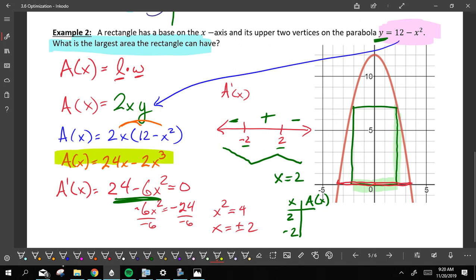If I take 2 and I plug it in here, I get 48 minus 16. I get 32. If I plugged in negative 2, I would get negative 32. It's just because you're doing some weird stuff going back and forth. 32 is the answer we're looking for here. So my answer to this question, what is the largest area? 32.